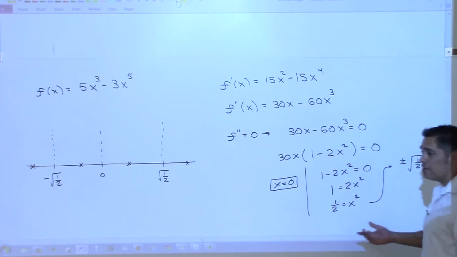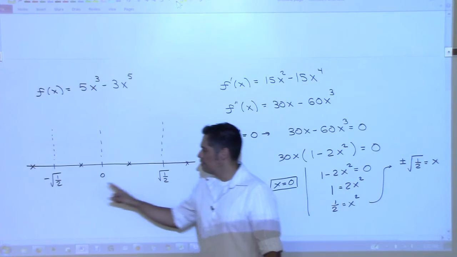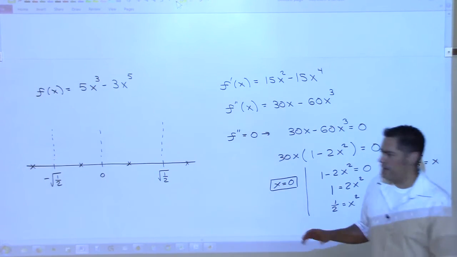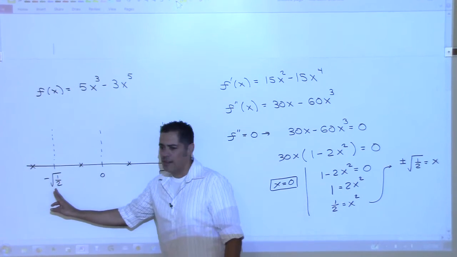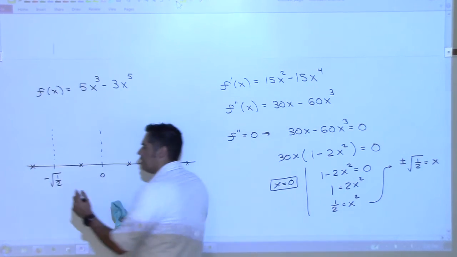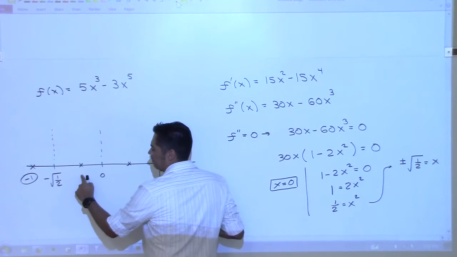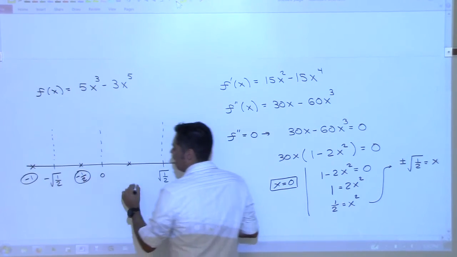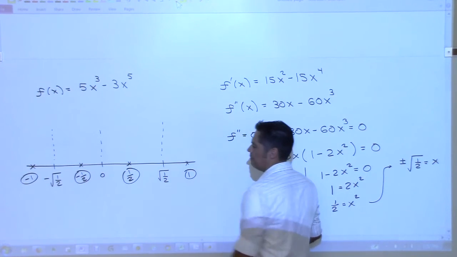So you need to make sure you get numbers that lie in those regions. So if you need to get on your calculator and figure out what this is, then you go do that. I think it's like 0.707 or something like that. So this is positive 0.707. This is negative 0.707. So anything over there, what do you say, negative 1? That'd work, right? And then something here. Negative 1/2 would work. And then positive 1/2. And then over here, 1 again.